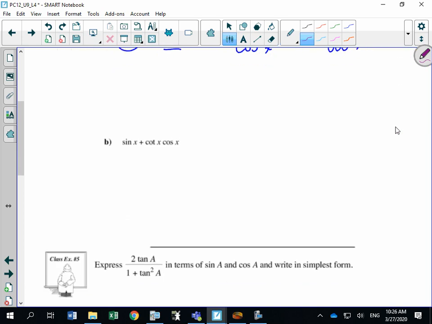Okay, let's look at B. Sine plus cotan times cos. So sine x plus cotan of x times cos x. What was cotan? Cotan is cos x over sine x, and this is times cos x.